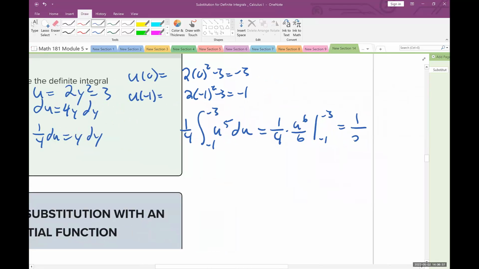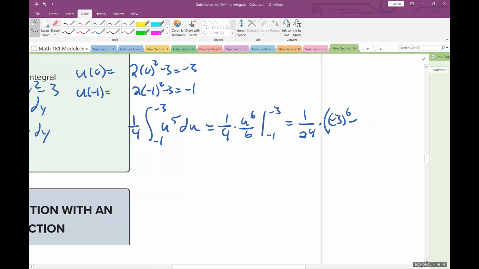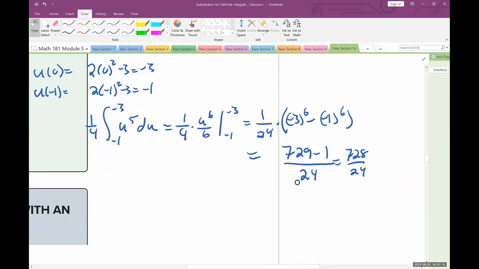So I get 1 over 24 times -3 to the 6th power minus -1 to the 6th power. Oh, that's funny, -3 to the 6th power is also 729. The negative gets raised to the 6th power and disappears. And then we end up with 728 over 24, which does reduce to 91 over 3.